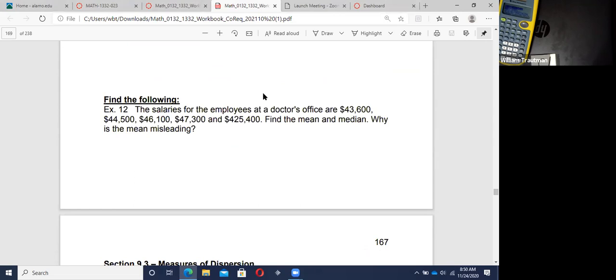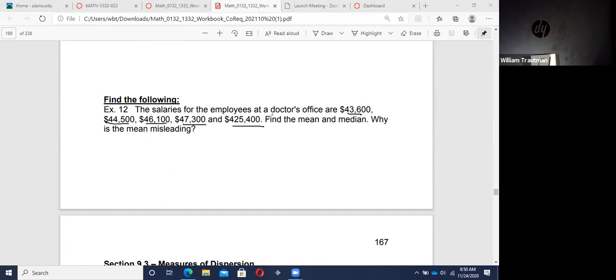Let's do this one just for this. It says there are 5 numbers. This brings up a really good point.